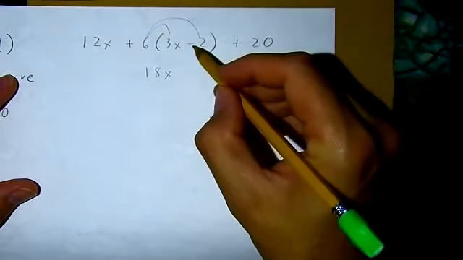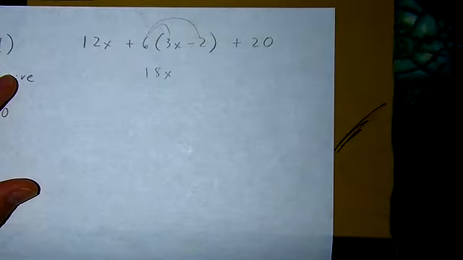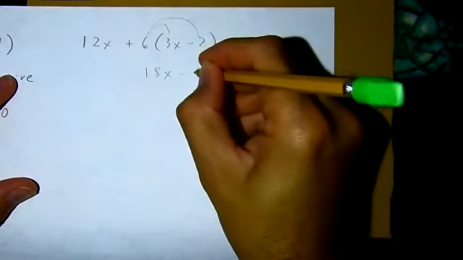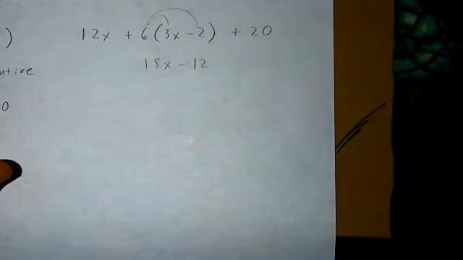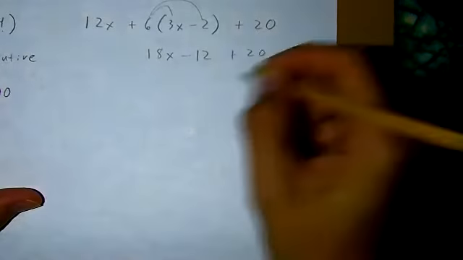Remember the sign in front, even though that's subtraction, you treat it like it's a negative when you're multiplying or dividing. So 6 times negative 2 is going to be negative 12. Don't put plus negative 12, don't put minus negative 12. Just put minus 12. It just changes back into a minus sign. Bring down everything that we didn't multiply.